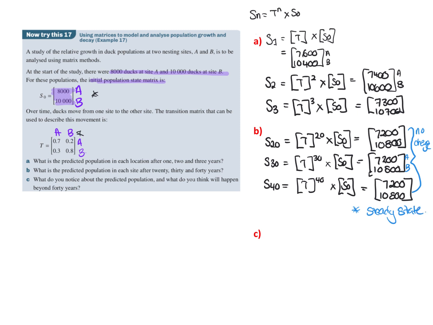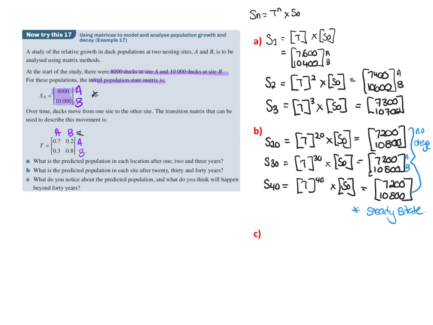But yeah, so in the last question D, what do you notice about the population? What will you think happens beyond the 40 years? I think beyond the 40 years it's going to remain. Because we noticed there was a big drop, a change in population in the first 20 years, and then we remain the same.